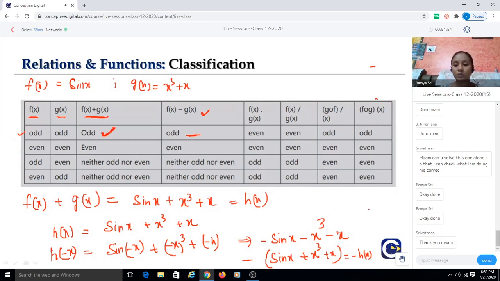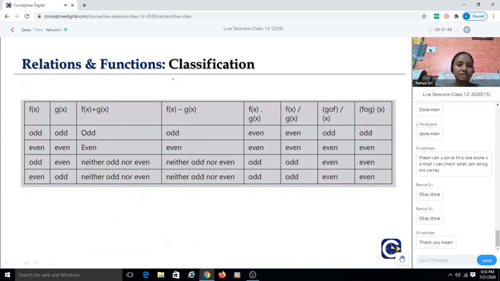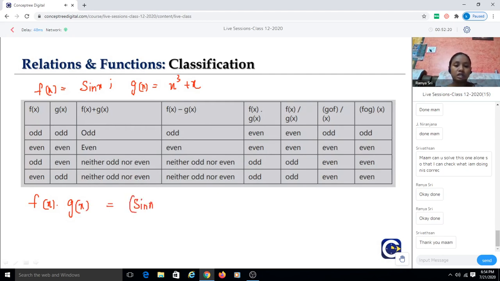So let's just check with an example here. We'll go with the same example: f of x will be equal to sin x, g of x will be equal to x cube plus x. So let's just multiply these two functions. So f of x into g of x will be equal to sin x into x cube plus x.